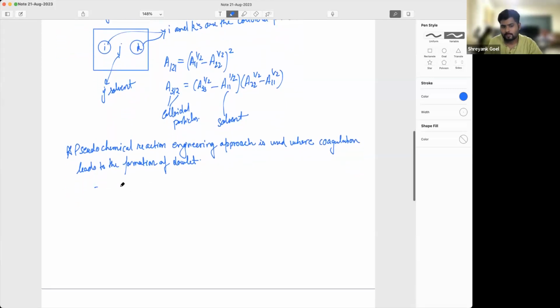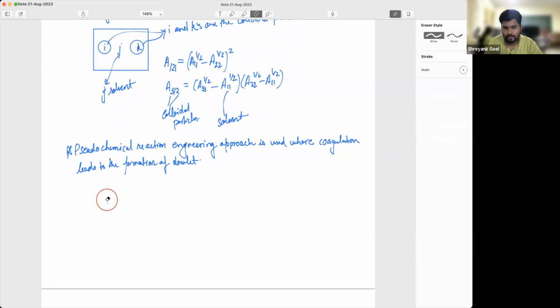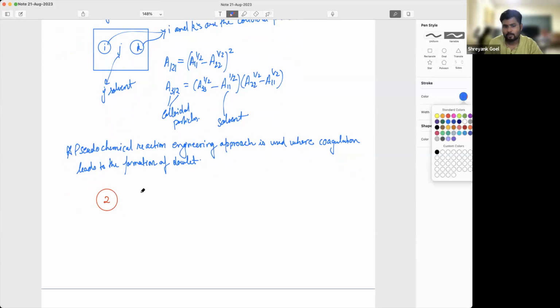So as discussed, let's say we have a colloidal particle of type 2, interacting with the media of type 1.